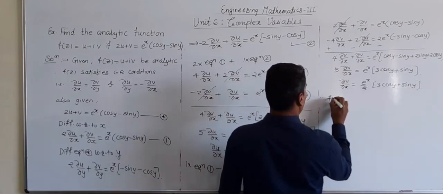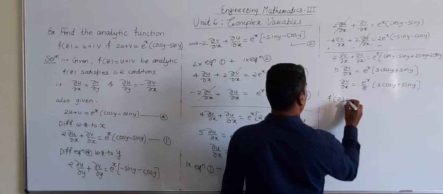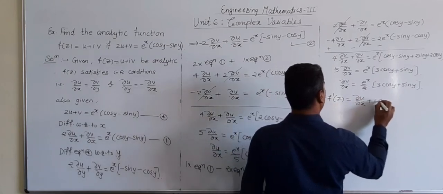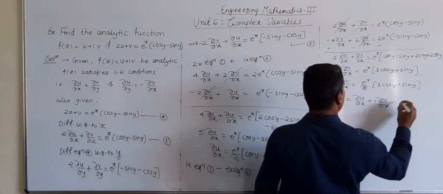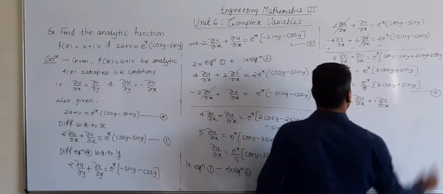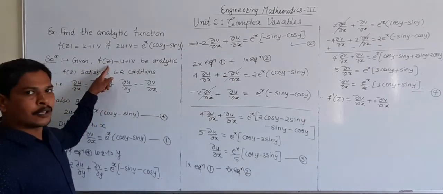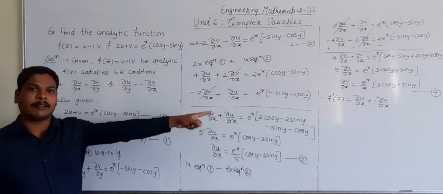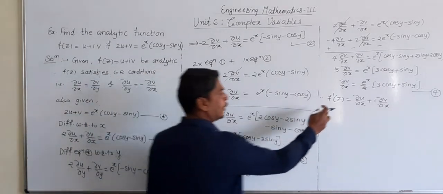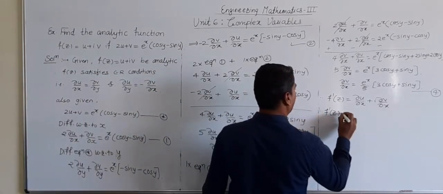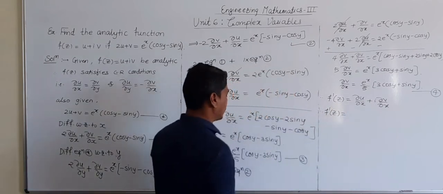Therefore f'(z) is equal to ∂u/∂x + i ∂v/∂x. So this becomes equation number 4. Now differentiating this equation f(z) = u + iv with respect to x, we get f'(z). Therefore f'(z) is equal to, what is ∂u/∂x?